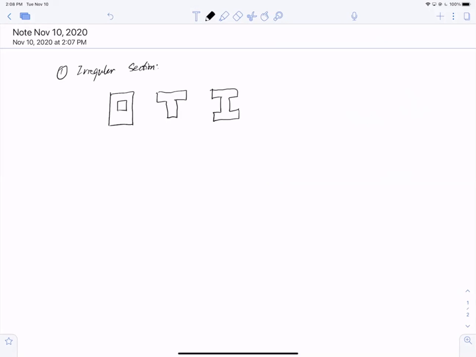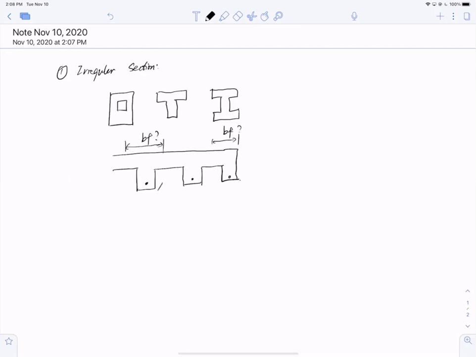Also, in particular, if we have a continuous beam, something like this, we need you to determine the flange width, and we also need you to determine the moment capacity, given the rebar position.